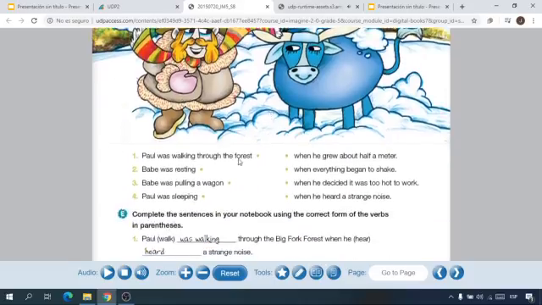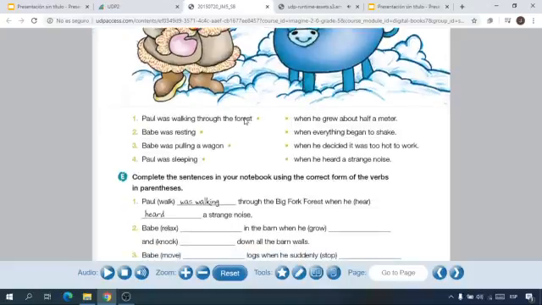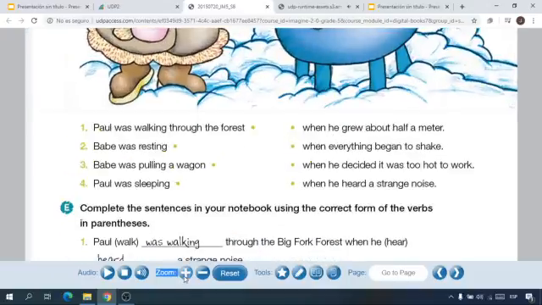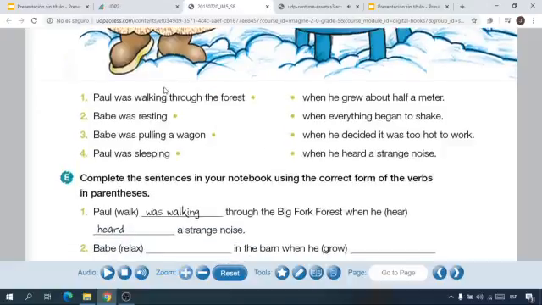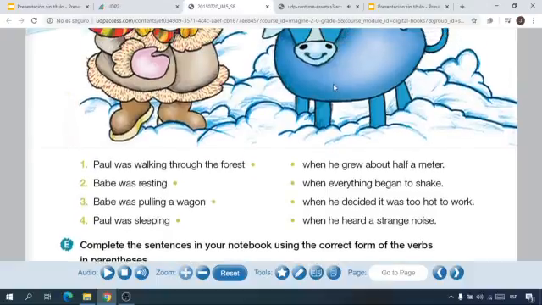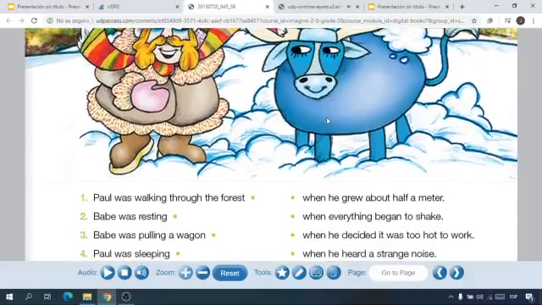Paul, we've worked together for years, and I've always wanted to know something. What's that, Elmer? Why is Babe blue? Well, I found Babe during the coldest winter in history. It was so cold that the snow actually turned blue. I was walking through the Big Fork forest when I heard a strange noise. I looked behind a pile of snow, and there was a baby ox.